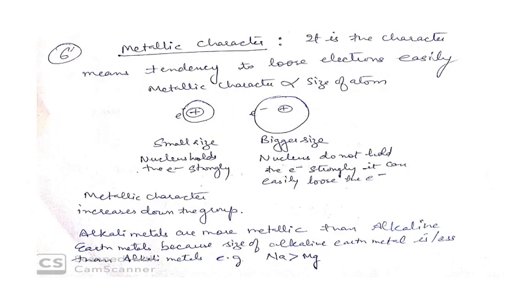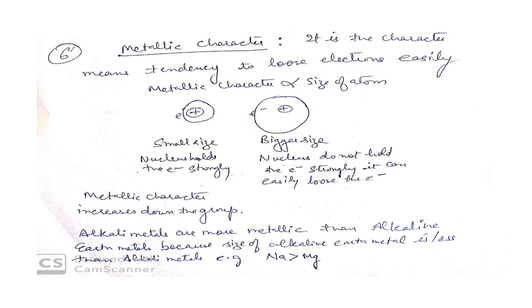The next property is metallic character. It is the tendency of losing an electron, how easily the electron can be lost by the metal. Metallic character is directly proportional to the size of the atom. If the atom is of smaller size, the nucleus holds the electron very strongly.